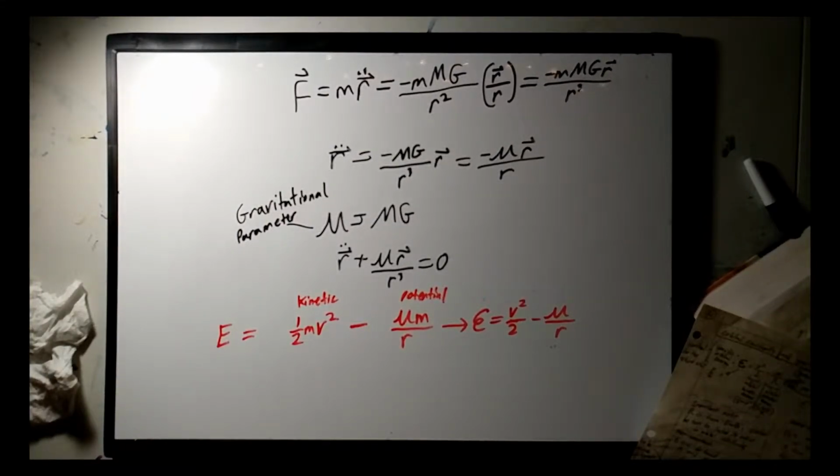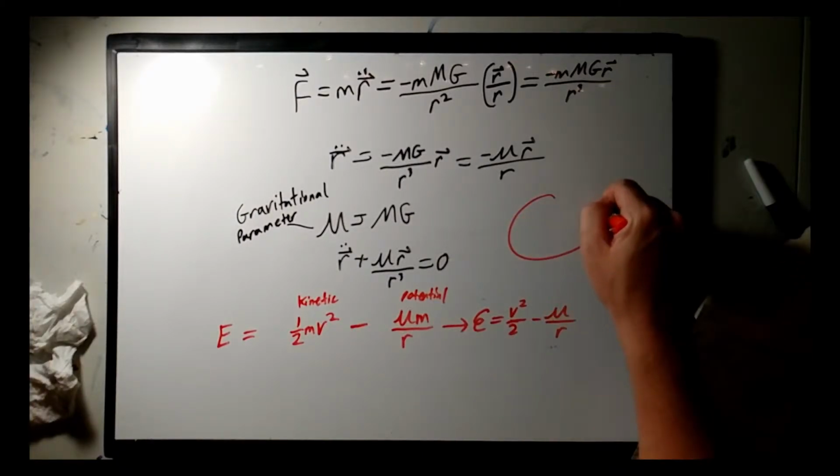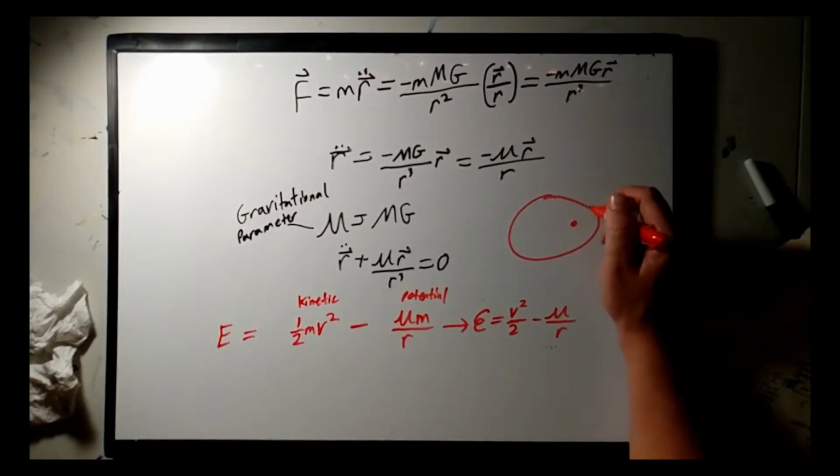Now, what's great about this is you can use the specific orbital energy to find your velocity at every point in the orbit, or your position if you know the velocity. The specific orbital energy is going to be constant no matter where you are within the orbit. So if you draw a quick orbit, so here's Earth.